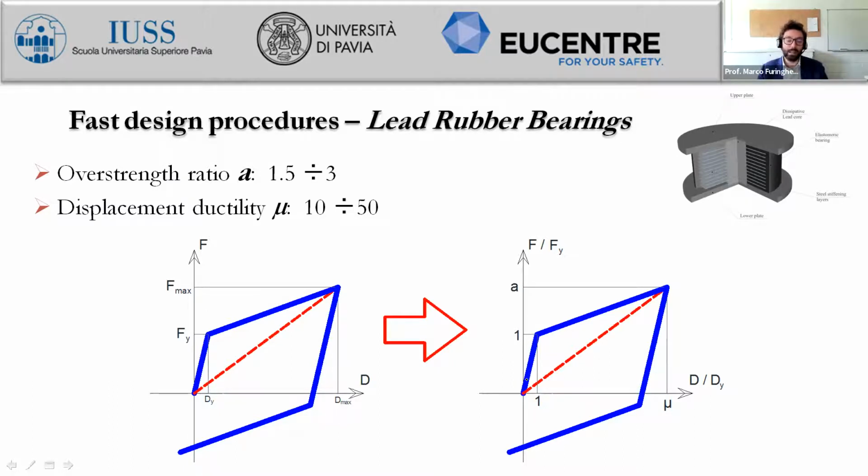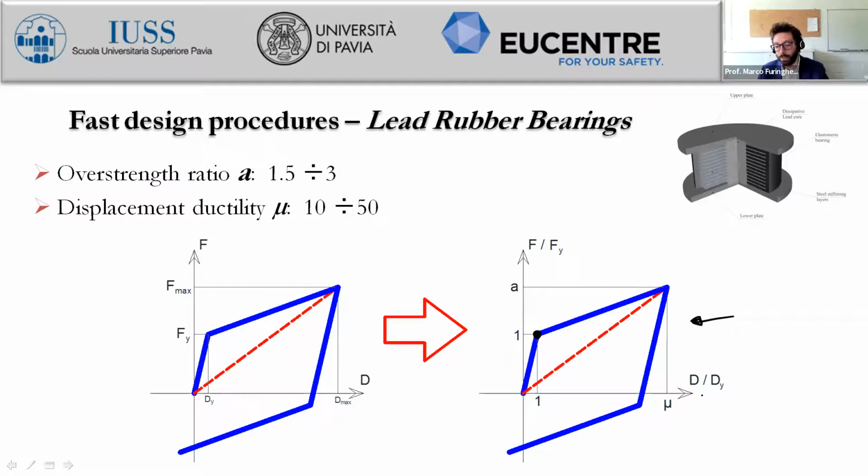So this means that this diagram, the second diagram, has a yielding point which has coordinates 1 and 1, just because of the definition of the normalizations for both the axes. And then the maximum displacement point can be defined according to two important parameters.